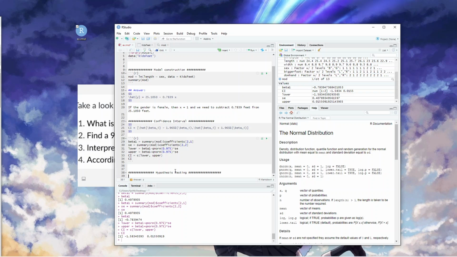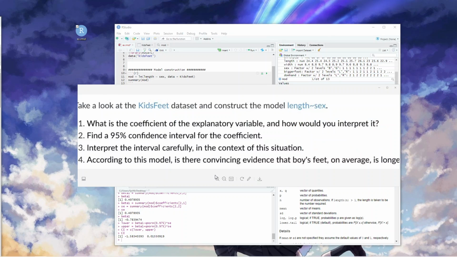And in this one, it's slightly different because the prior question asked for the coefficients, but this one is like I want to test if it's true that boys' feet on average are longer, equal, or less than the girls' feet.